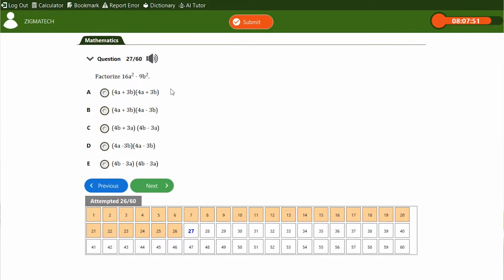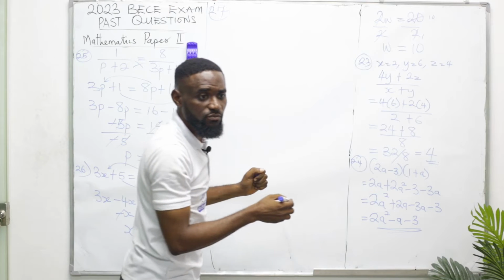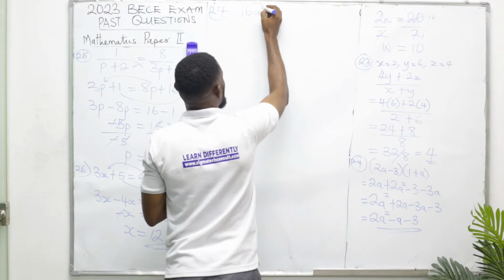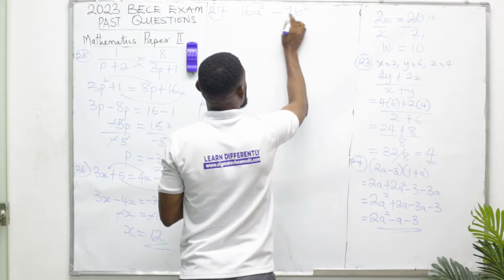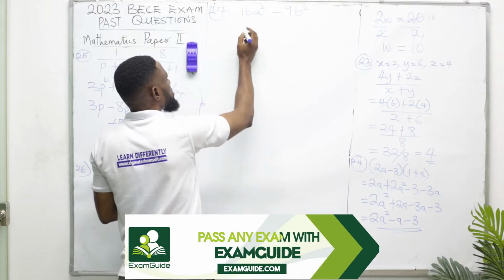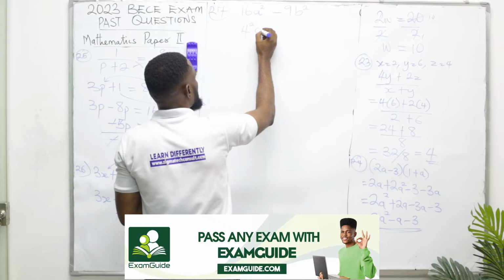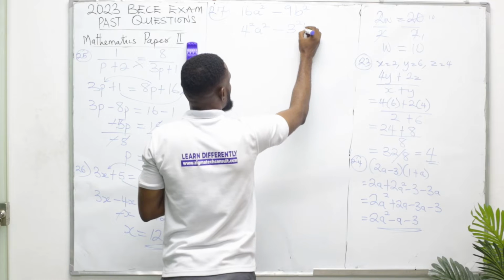Okay, the next question is 16a squared minus 9b squared. So the question is factorize 16a squared minus 9b squared, right? So this 16a squared, we can simplify this 16. 16 means 4 squared, all over a squared, minus 3 squared b squared.